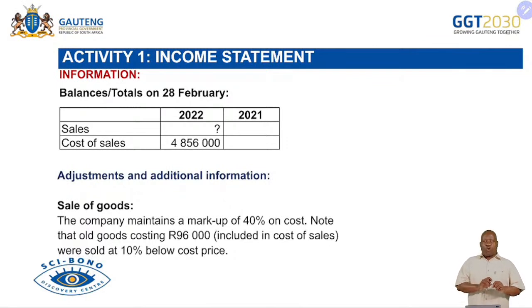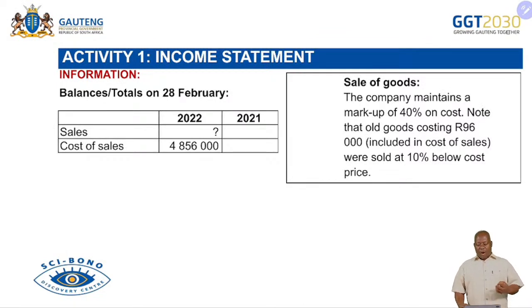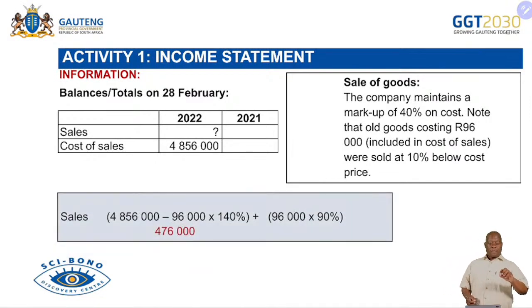We subtract the goods that were marked down, the 96,000, which we marked down by 10%. But the result of 4,856,000 minus 96,000, we mark it up by 40%. And after that, we add those two to get our sales figure. Let's see what we intend to do with this. What we are just going to do is to look into the total amount, 4,856,000. We subtract 96,000.